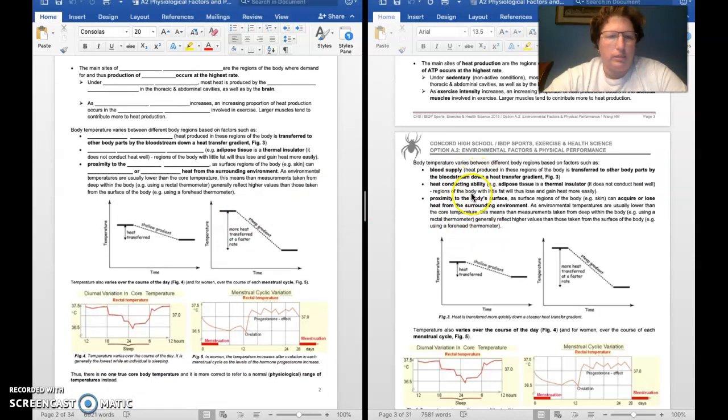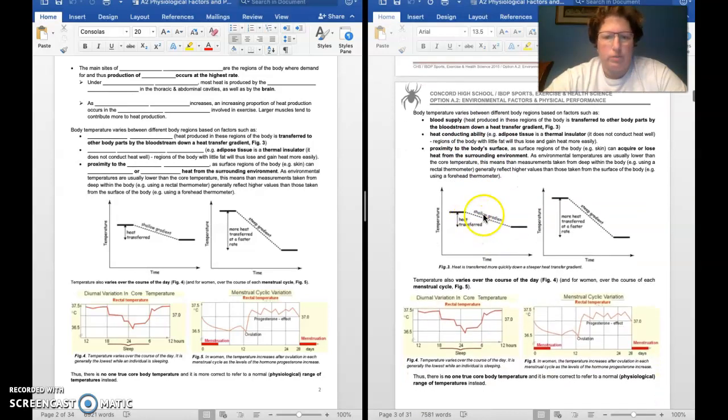Also, when we look at different parts of the body, the blood supply. Our blood vessels help to carry nutrients, but they also help to transfer heat into other parts of the body down what's called the heat transfer gradient, right? Which is what these two charts here tell us about.